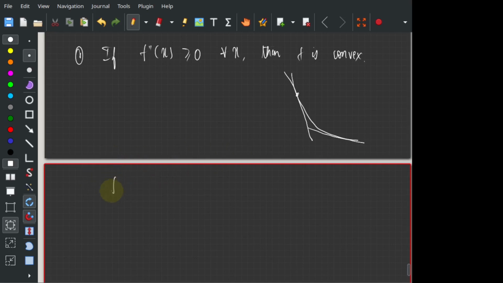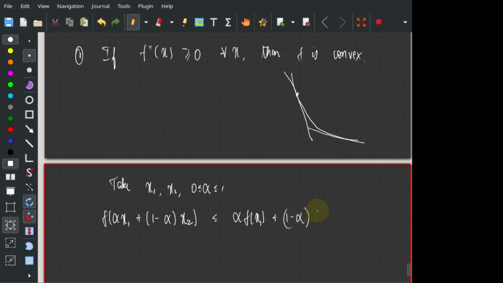So to prove that f is convex, what do we have to do? We take any x1, x2, and some alpha between 0 and 1. We have to show that f of alpha x1 plus 1 minus alpha x2 is less than or equal to alpha times f of x1 plus 1 minus alpha f of x2.